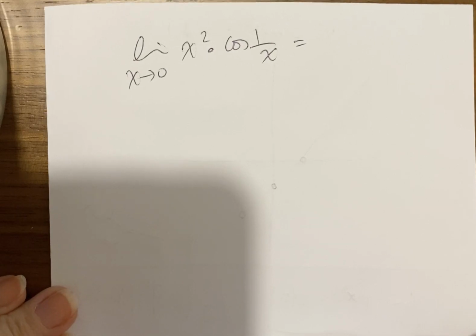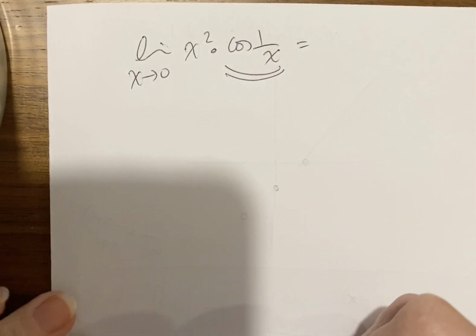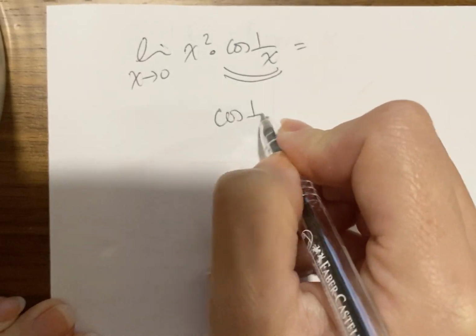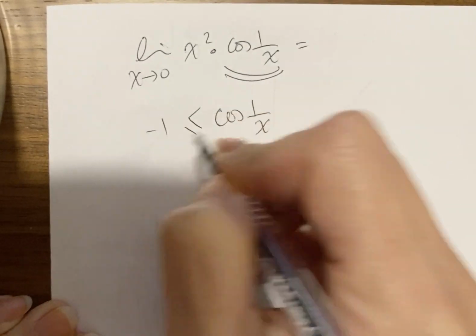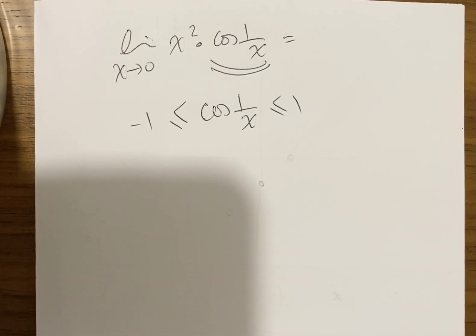The beauty about cosine and sine functions is that they are always bounded by -1 and 1. No matter how they oscillate, I cannot control its movement, but I know it has to move between -1 and 1.